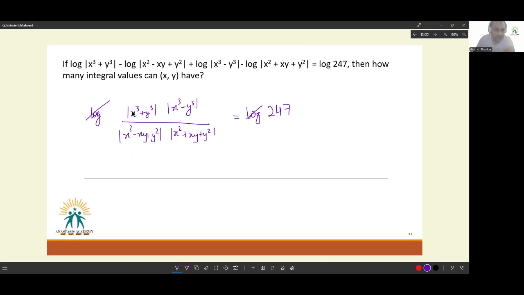Now from here, x cube plus y cube will get simplified to mod of x plus y into mod of x square minus xy plus y square.